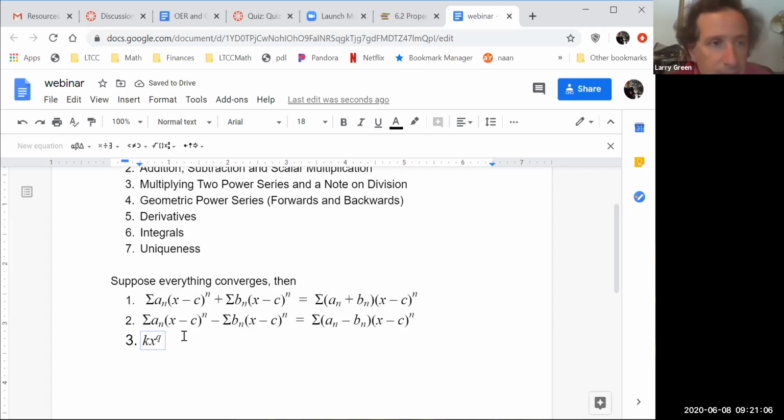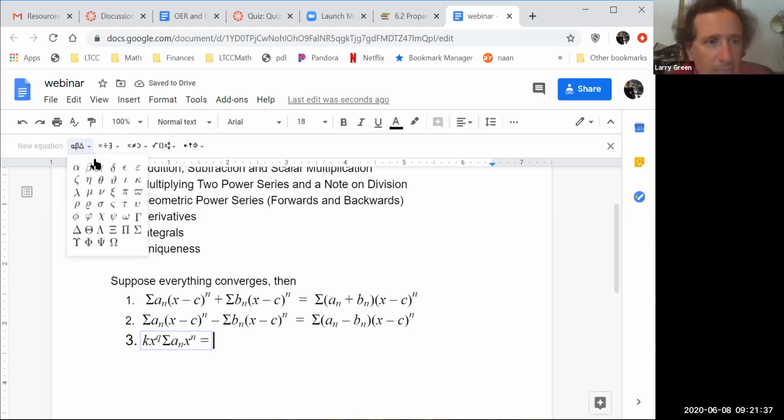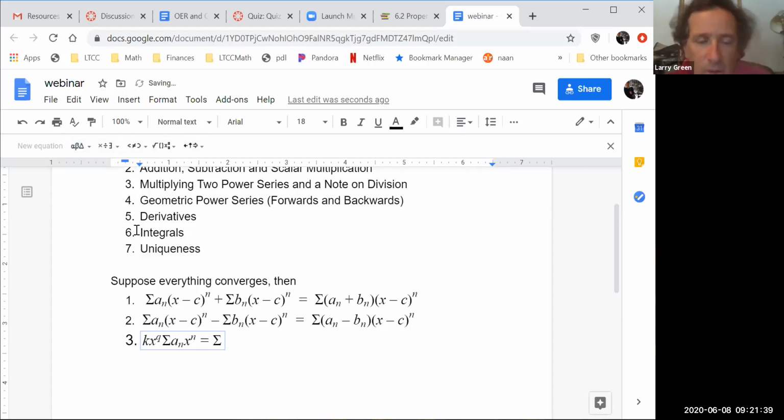Just some letter. And then we take the summation of a_n x to the n. And you can replace the x with the x minus c. I'm getting a little lazy here, but the book gets lazy too, so I don't feel so guilty. And it still works. Then if all things are good, what would this be?